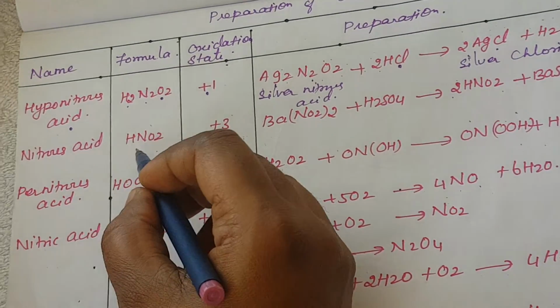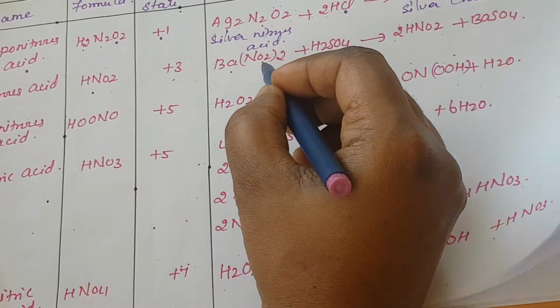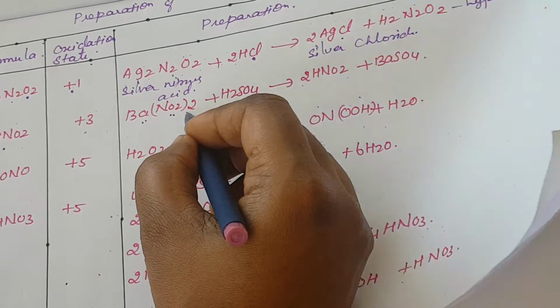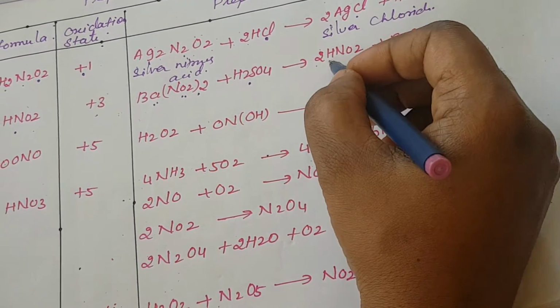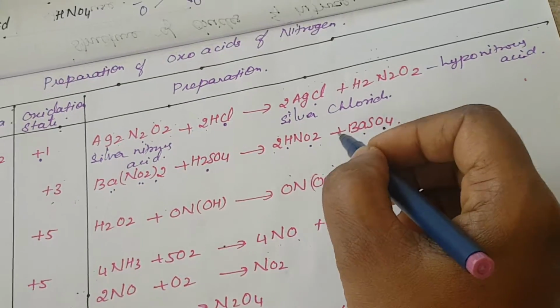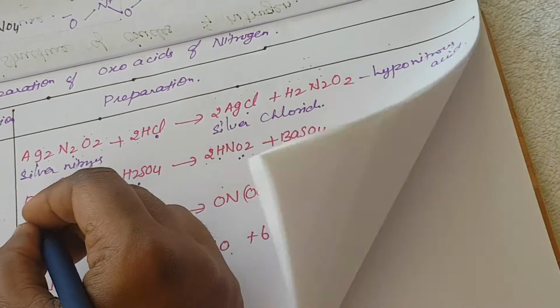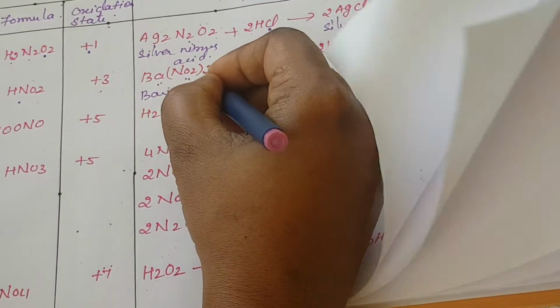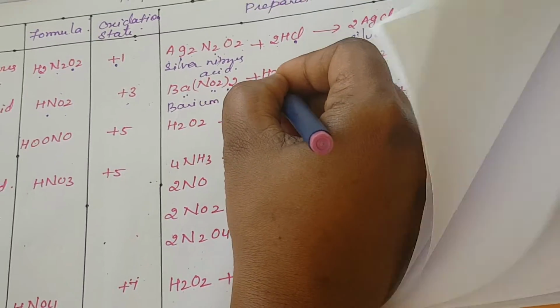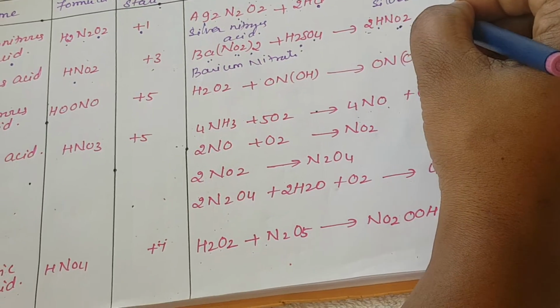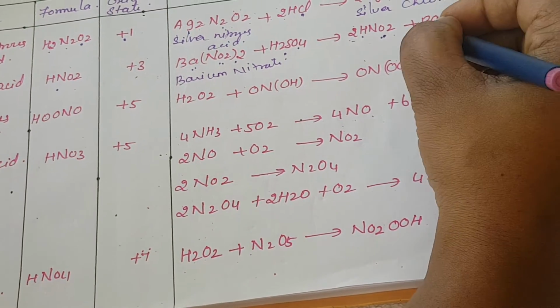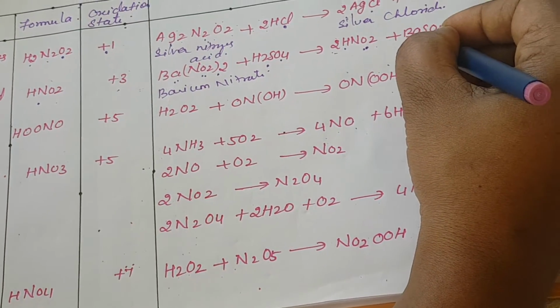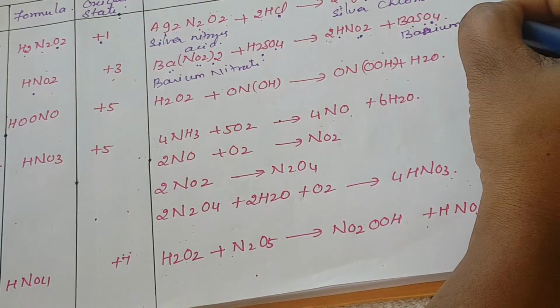Then again, nitrous acid, HNO2. How to prepare nitrous acid? Oxidation state +3. Barium nitrite, Ba(NO2)2, plus H2SO4 gives HNO2 and barium sulfate. Barium nitrite reacts with sulfuric acid to give nitrous acid and another one, barium sulfate.